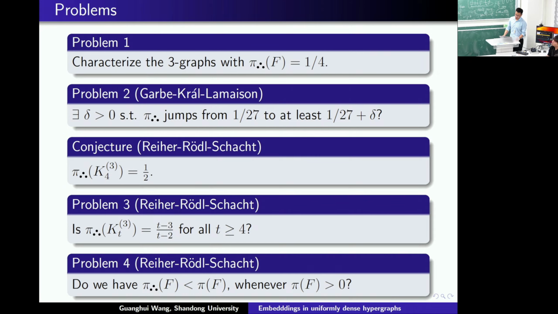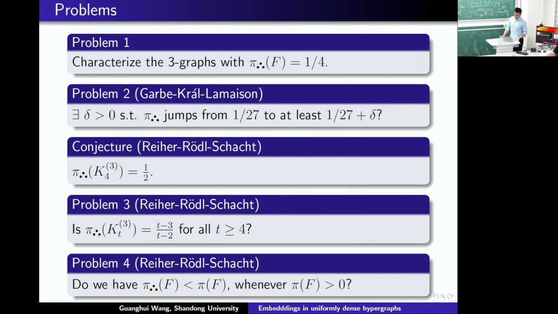I mean the uniform Turán density of K_4^3, the conjecture is 1/2. And the third problem is about the uniform Turán density for cliques on t vertices where t is at least 4.